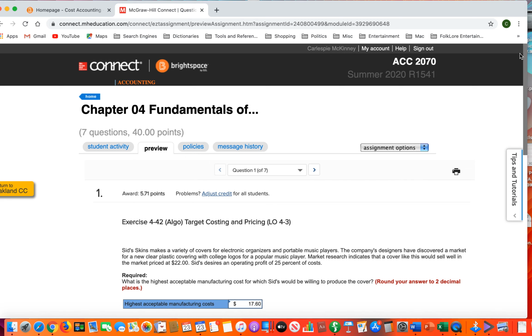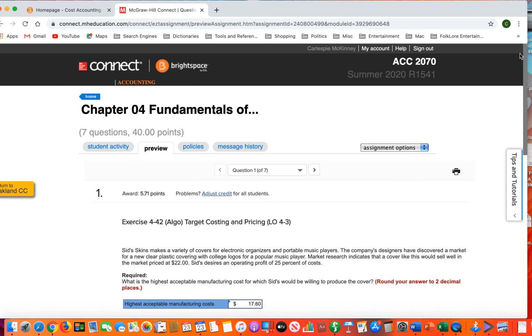So, the way I did it is this. Write this down, please. Take your pencil and write this down. $22 minus 0.25x, because 0.25x is the cost. So the price minus the cost is going to be the profit.